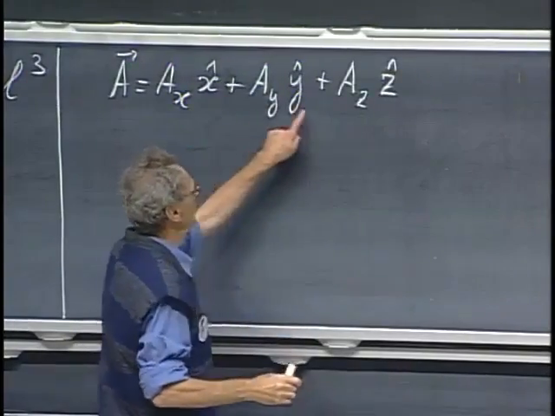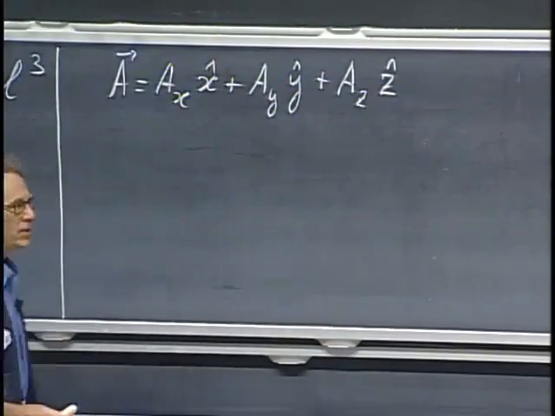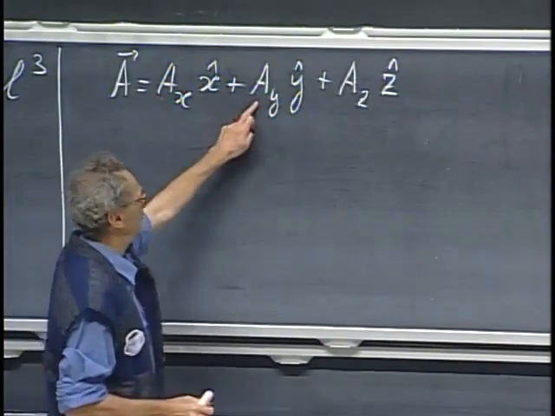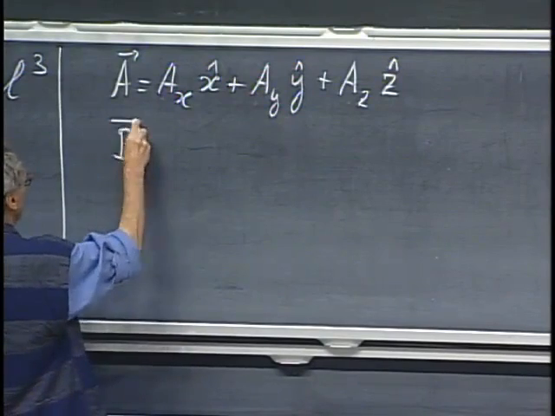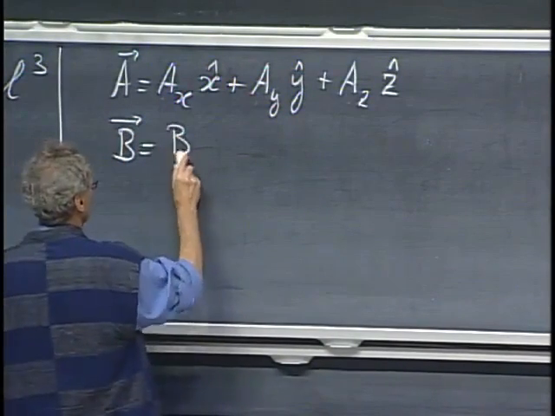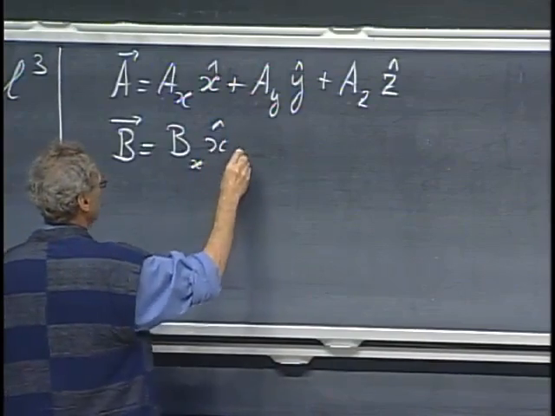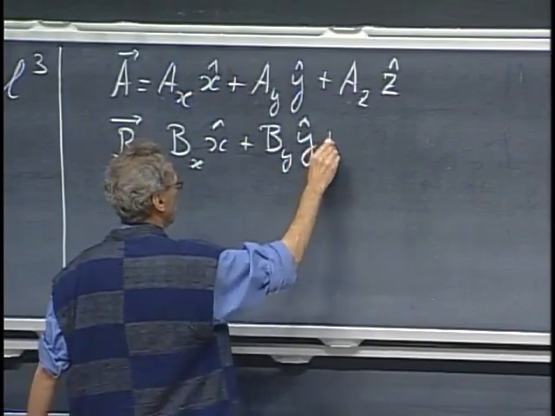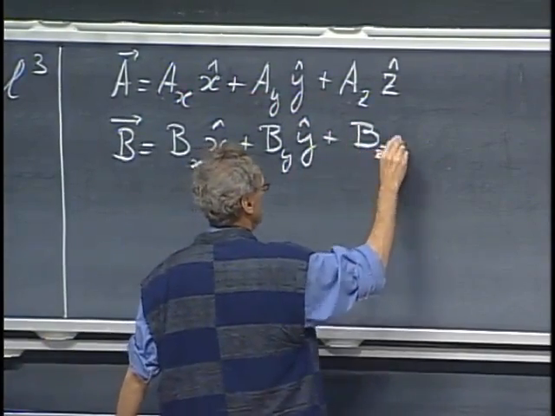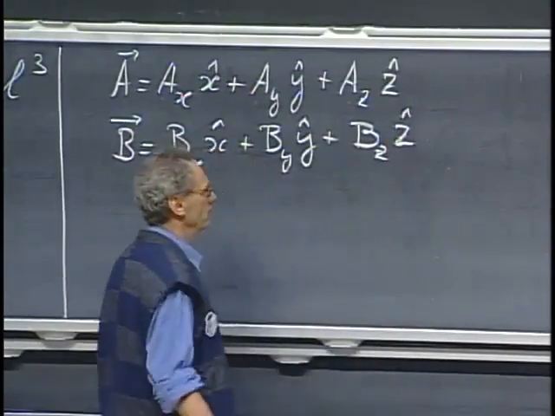So these are the 3 unit vectors in the x, y, and z direction, and these are the x component, y, and the z component of the vector A. I have another vector B, Bx x roof, By y roof, Bz z roof.